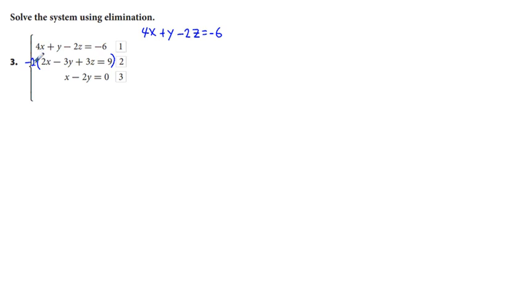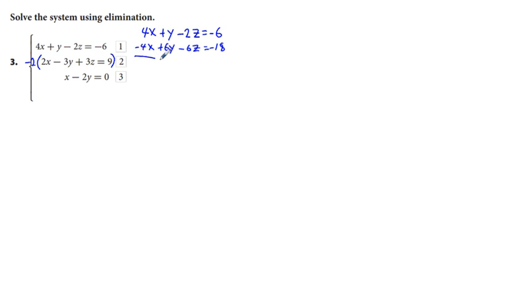And so if we take negative 2 times 2x, we're going to get negative 4x. And then negative 2 times negative 3y is going to be plus 6y. And then we have negative 2 times 3z is going to be negative 6z. And then finally, negative 2 times 9 is going to be negative 18.